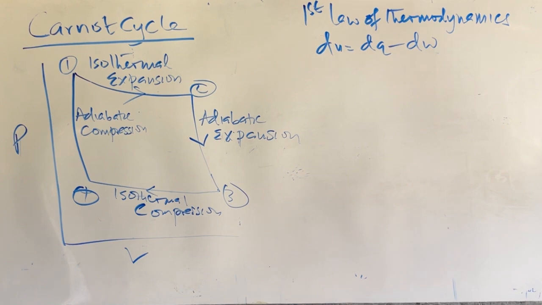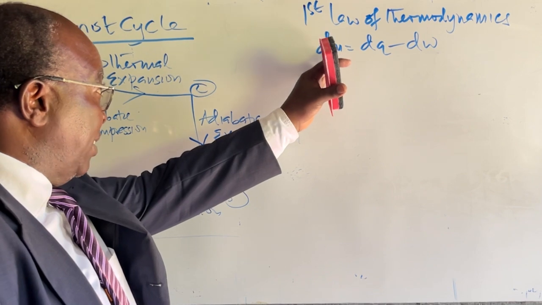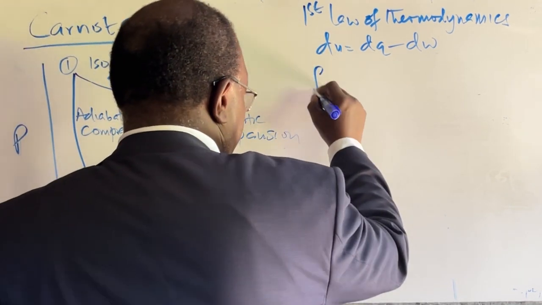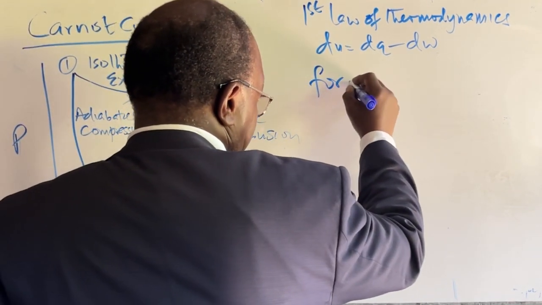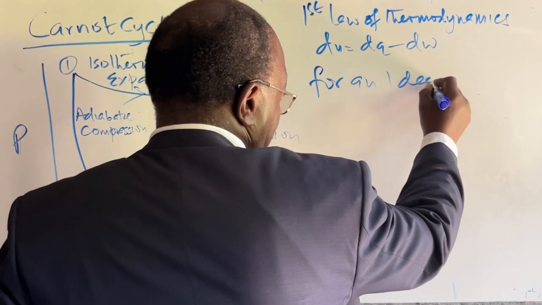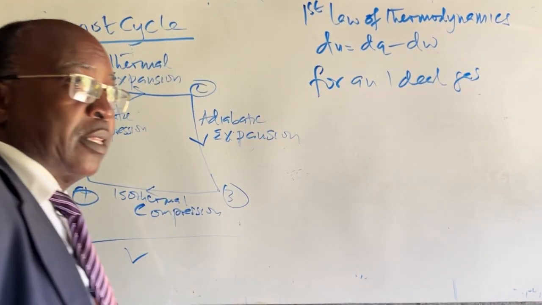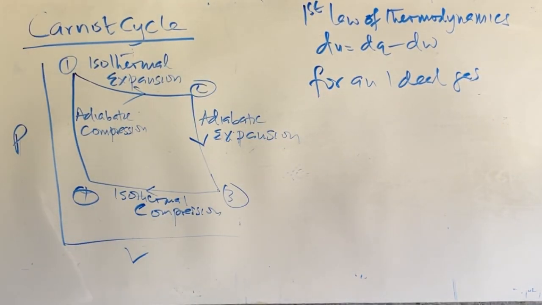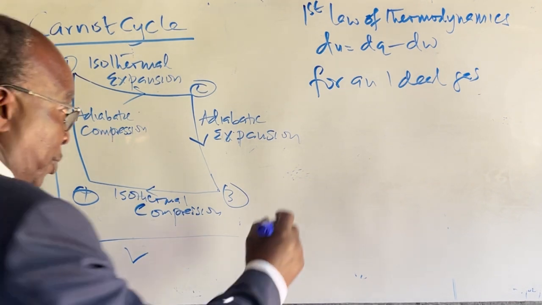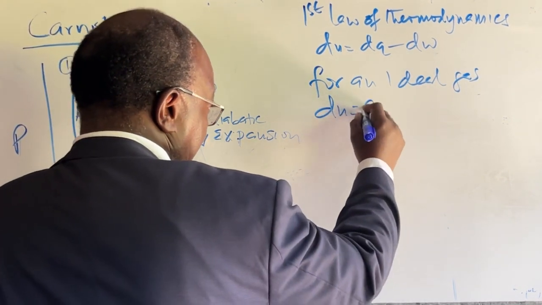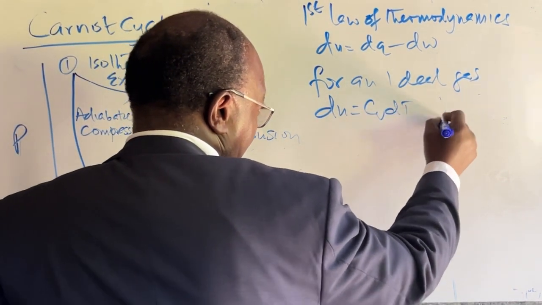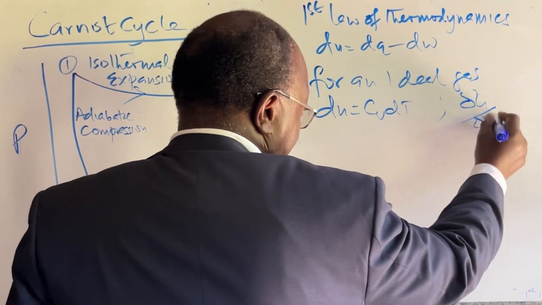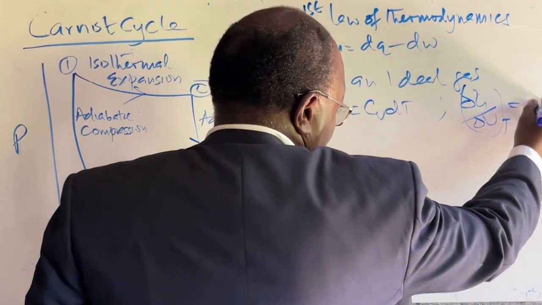When we are dealing with the Carnot cycle, we remember that for an ideal gas, from Joule's experiment, we know that dU was equal to Cv dT because the coefficient (∂U/∂V) at constant T, once again, we said is 0.